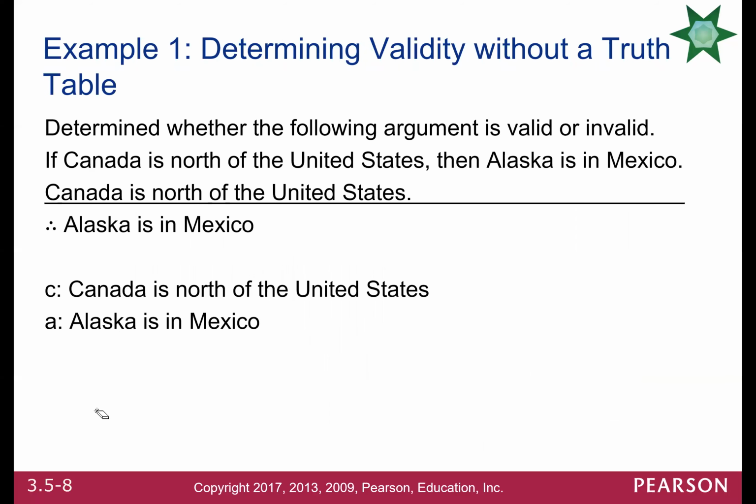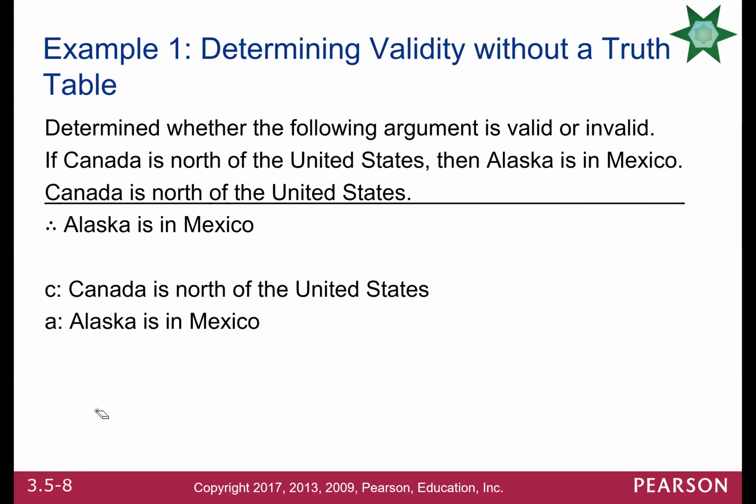Okay, let's check this argument and determine if it's valid or invalid. My first premise is if Canada is north of the United States, then Alaska is in Mexico.